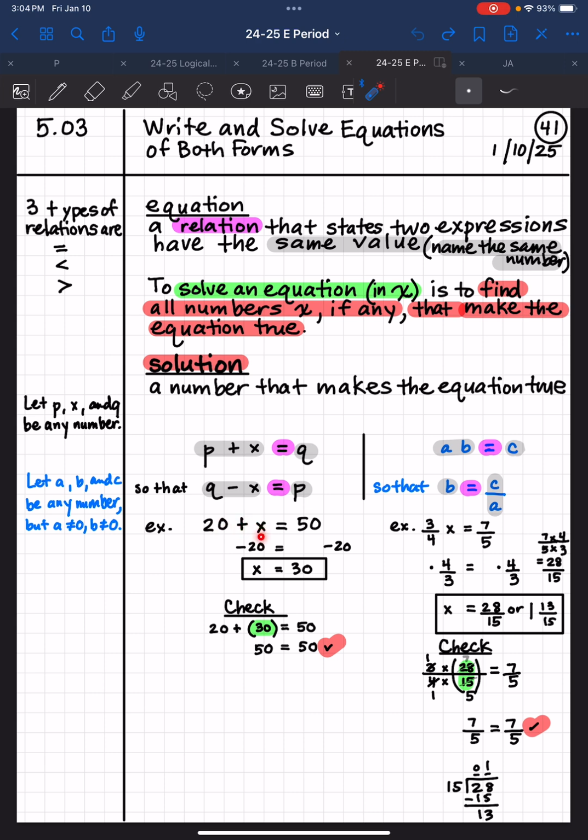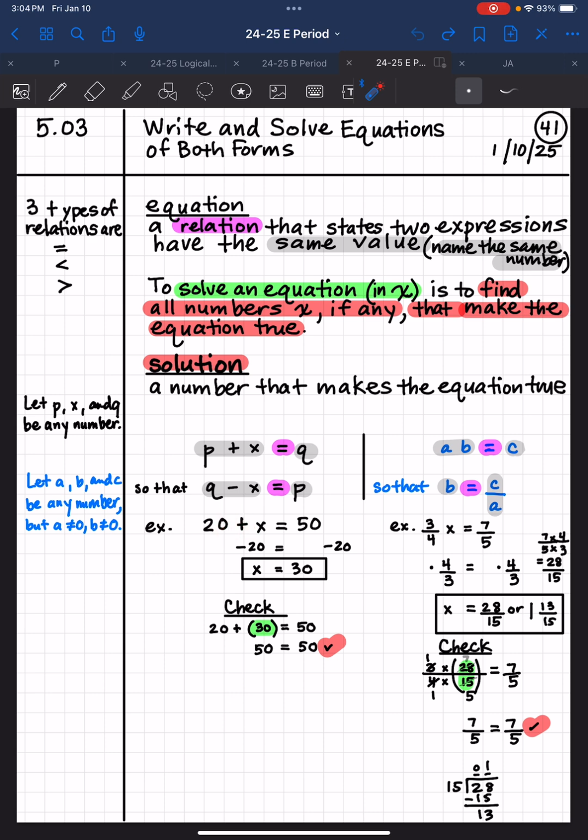That means that we can apply all that we do to specific numbers to this number x as well, okay? So right now I have 20 plus x, and this expression does not have just x. It has a 20 being added to it.